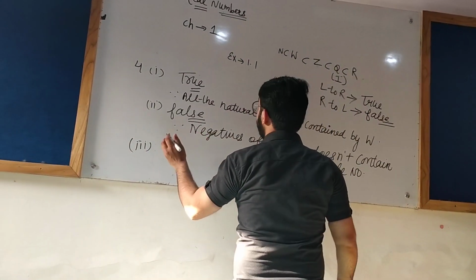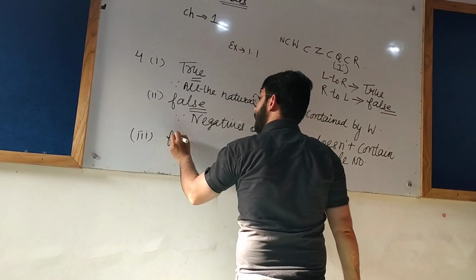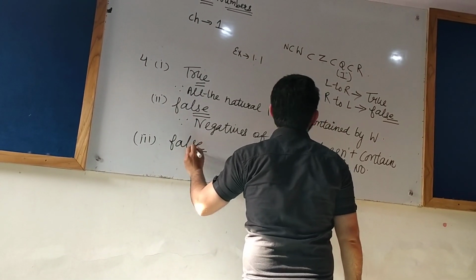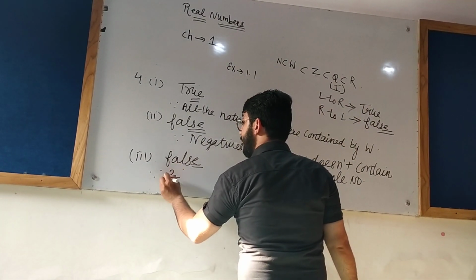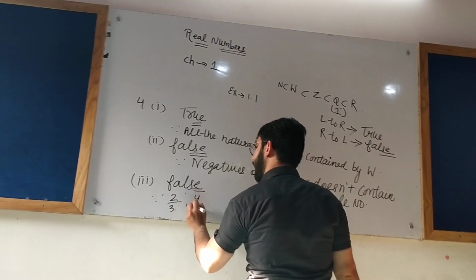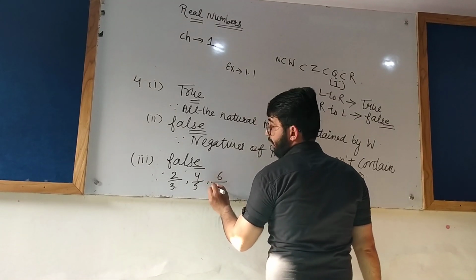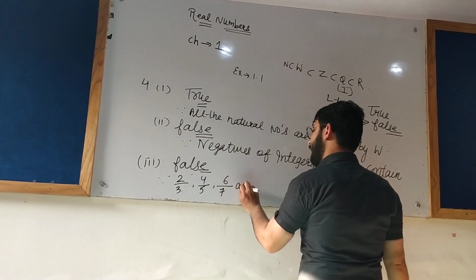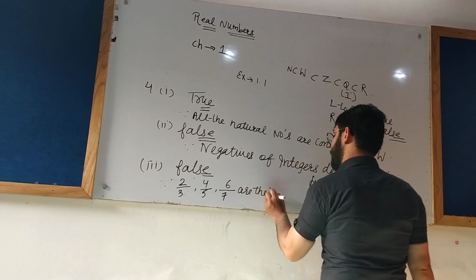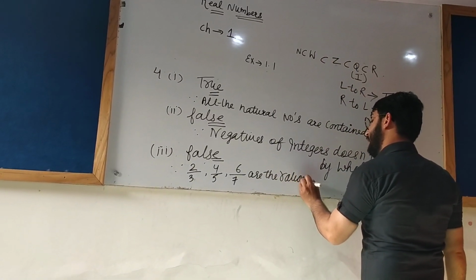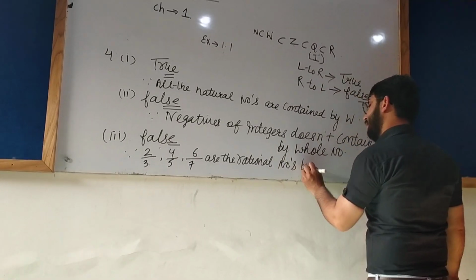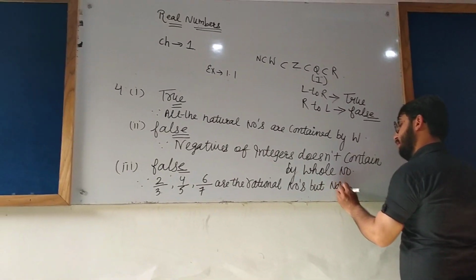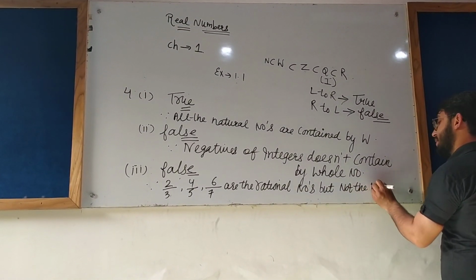It is also false because 2 by 3, 4 by 5, 6 by 7 are rational numbers, but not whole numbers.